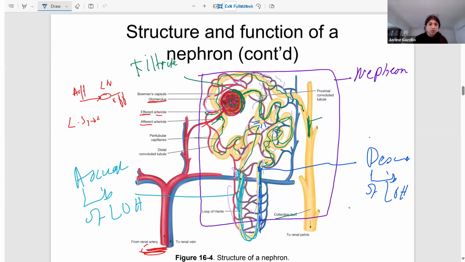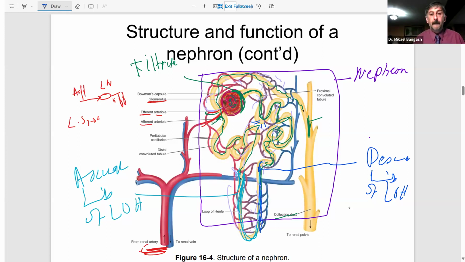So the peritubular capillaries, is that part of the tubular system? Nope. When you say capillaries, they are blood vessels. They carry blood. Right, but it's picking it up from the tubular system, right? Yes.